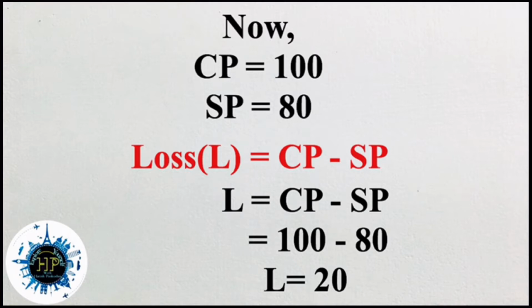Loss means L is equal to cost price CP minus selling price SP, just the reverse of the last one. So loss is equal to 100 minus 80, which is 20. 20 is the loss. That means you bought the bag for rupees 100 and you are selling it for rupees 80, so a 20 rupees loss is there.